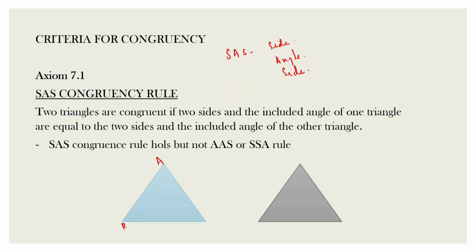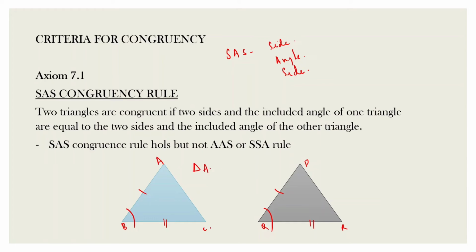Let's say that in triangle ABC and in triangle PQR, side AB is equal to side PQ and side BC is equal to side QR and angle Q is equal to angle B. Here we could see that two sides of two triangles are equal and their included angle is also equal.